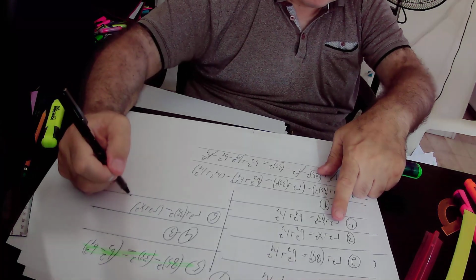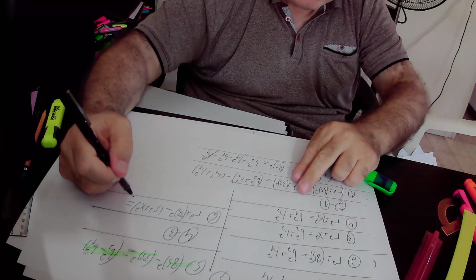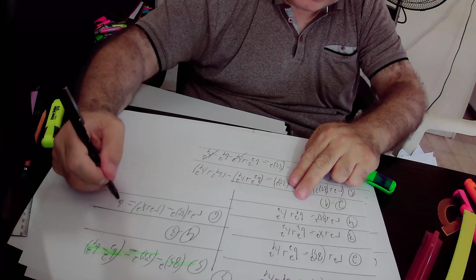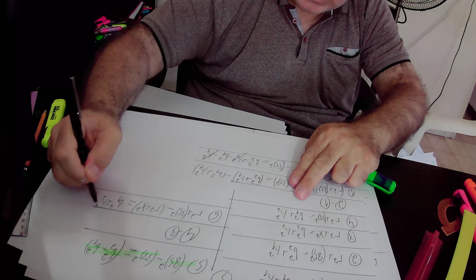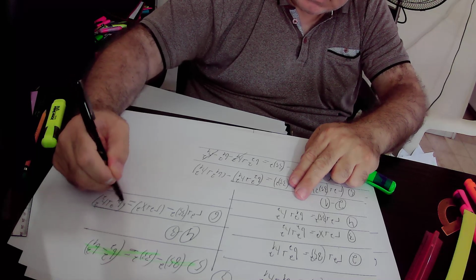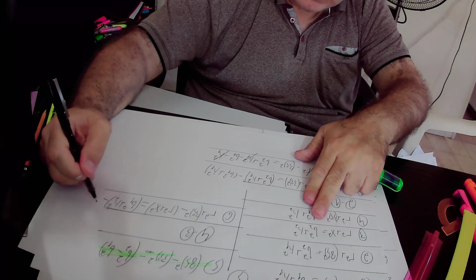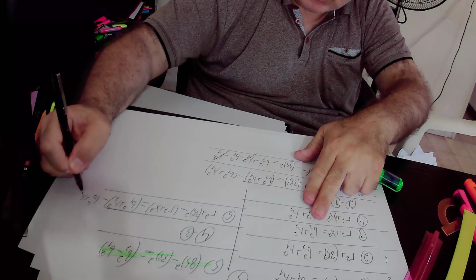We finish with this side, and then we subtract the other side of equation number 4, that is B1 square plus H2 square minus equation number 3, that is B2 square plus H2 square.